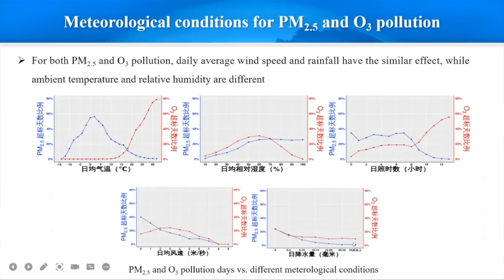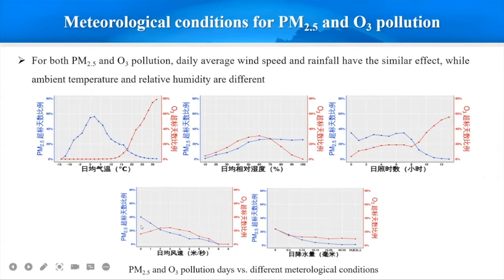So an average wind speed lower than 5 meters per second will cause ozone pollution. And we also checked the parameters for both PM2.5 and ozone. We saw that the daily average wind speed, which relates to the accumulation of emissions and pollution, and rainfall, which means precipitation, have similar effects on PM2.5 and ozone.